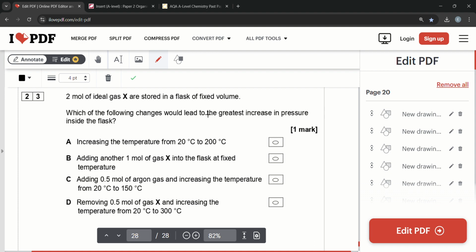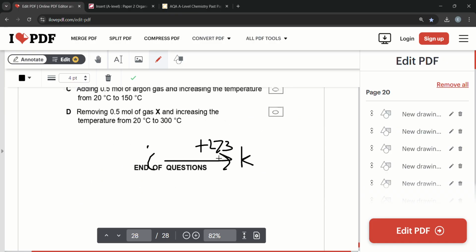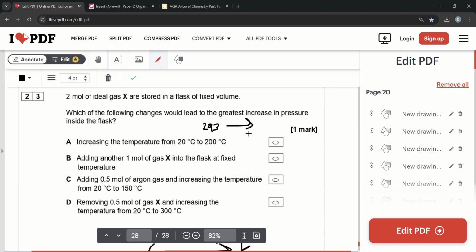Because if we're going from 20 to 200 degrees Celsius, right? In Kelvin, we add 273 to convert from degrees Celsius to Kelvin. So that's 293 to 473. And that's an increase of 1.61.